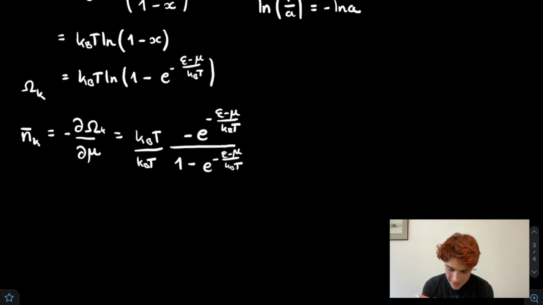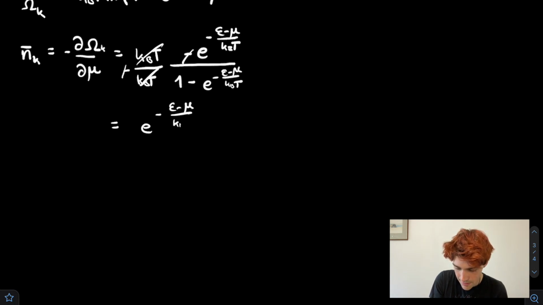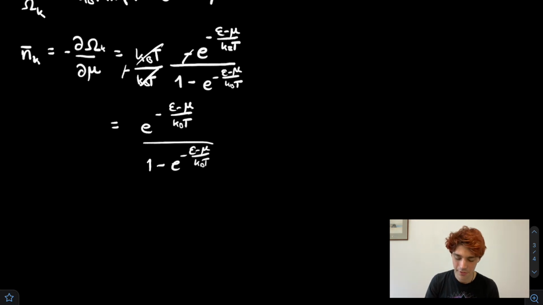So the kBT's are going to cancel as before, and there is a minus sign from this definition right here, so these two minus signs are also going to cancel. So we're going to get e to the minus epsilon minus mu over kBT, all divided by 1 minus e to the minus epsilon minus mu over kBT. Now we're going to do exactly what we did before and just multiply everything through by e to the plus whatever's in this argument.